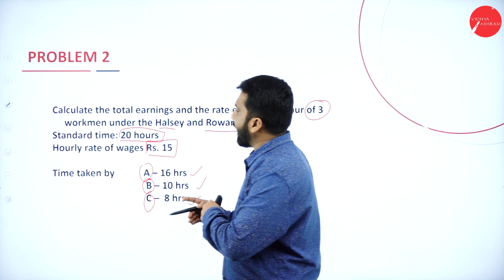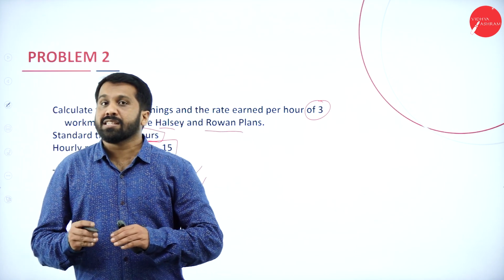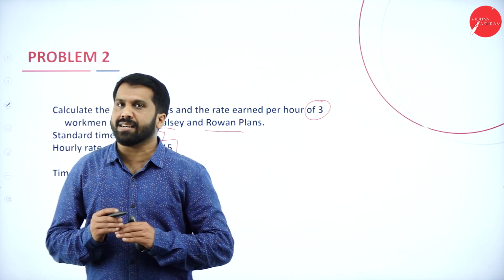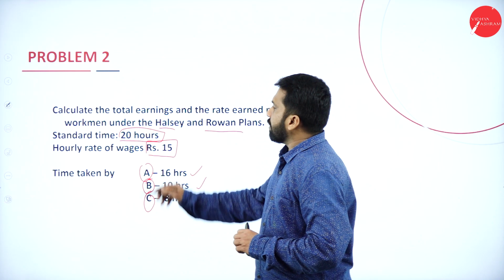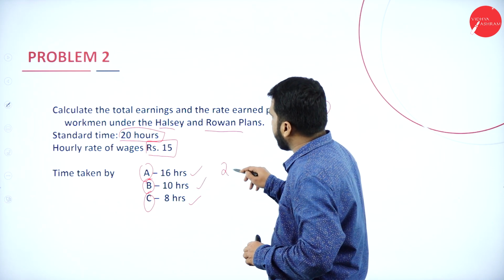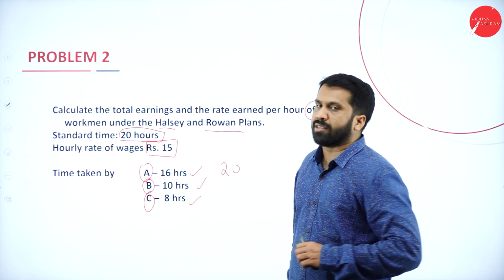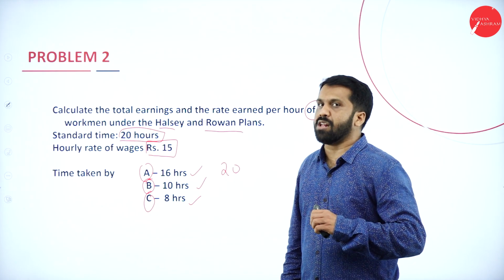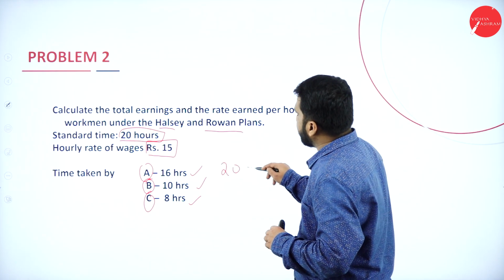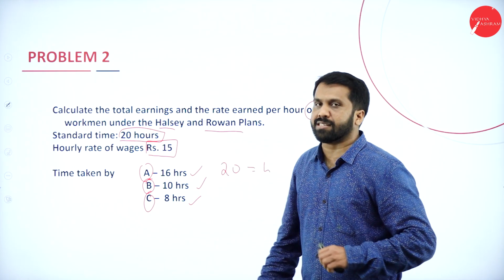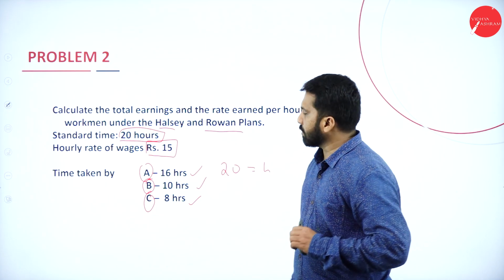Here, the standard time is 20, and the actual time taken is 16. Now, 20 minus 16, the first person has saved 4 hours.